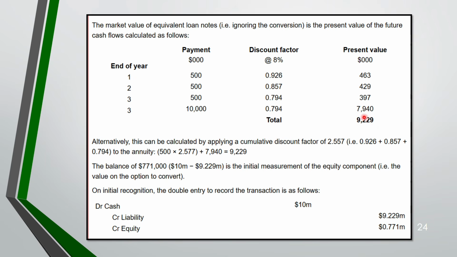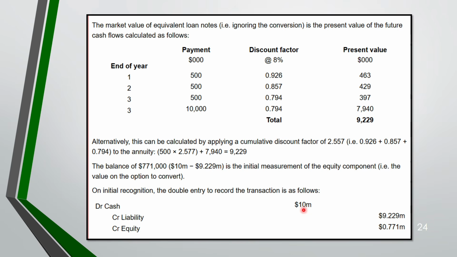They have rounded up that 8500 to 9. The alternate ways also they have shown you where they have added this 3 discount factor and got the annuity factor 2.577 multiplied with 500 and added with 7940 and got the same amount like this 922 999. Then this they have deducted from 10 million and got the equity amount.